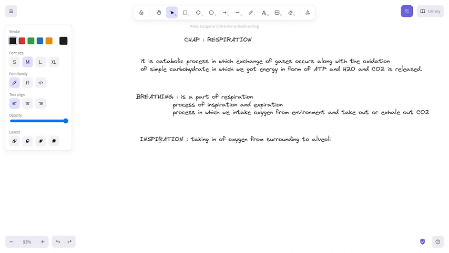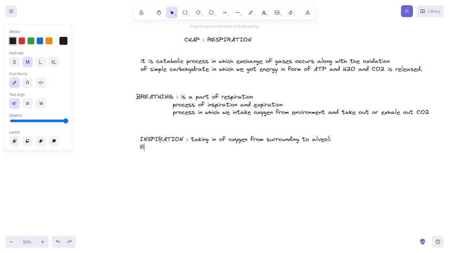If we talk about humans, the respiratory surface is the alveoli, but for other organisms, like the earthworm, it is the skin and some others. So taking oxygen from the surrounding to the alveoli is called the process of inspiration.